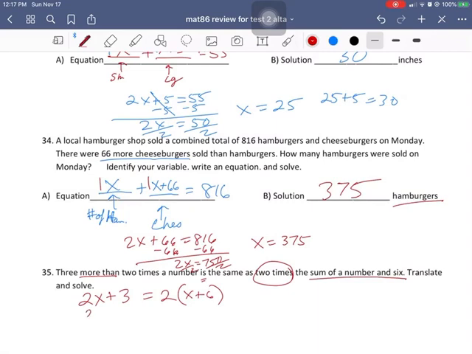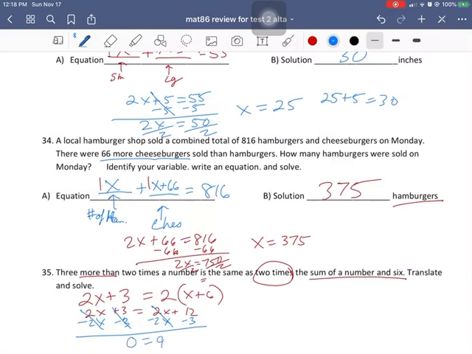That's my translation, and now I need to solve, so I distribute. And then I move things. You're going to move this one this way. And then I got to move this one this way. So that gets rid of that. That gets rid of that. Ooh.